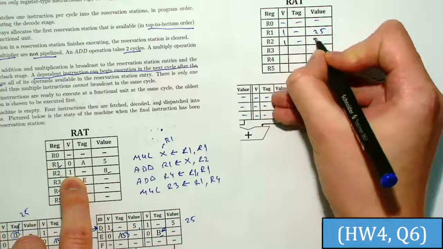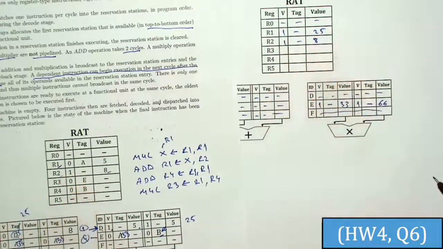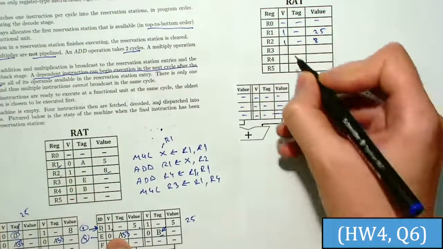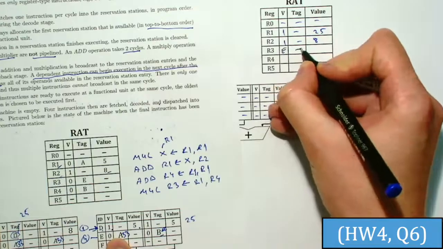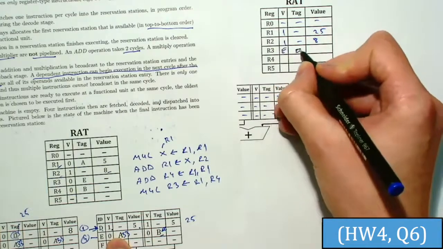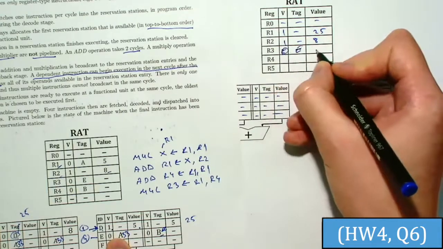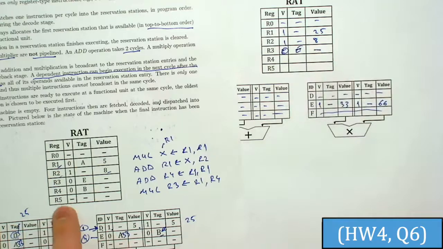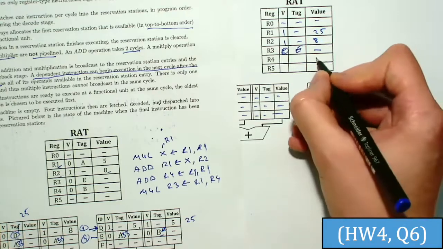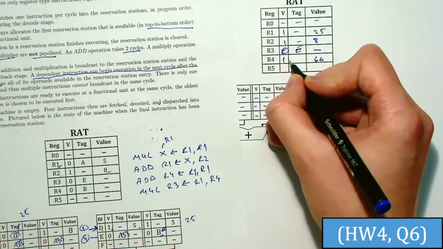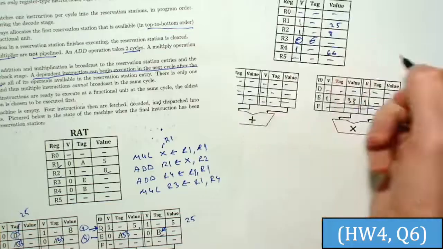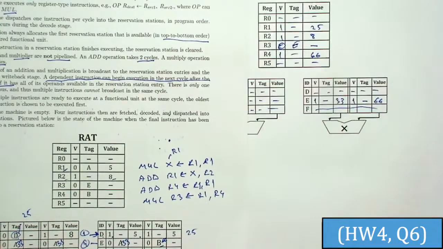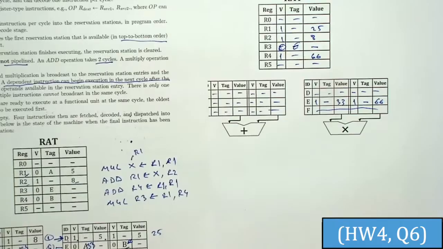R2 is untouched. R3 is set by this instruction. It's not complete yet. So, sorry, this is E, this is 0, and we don't have the value. And then R4 is B, which is 66. Okay, that's it, basically. And this was the last part.